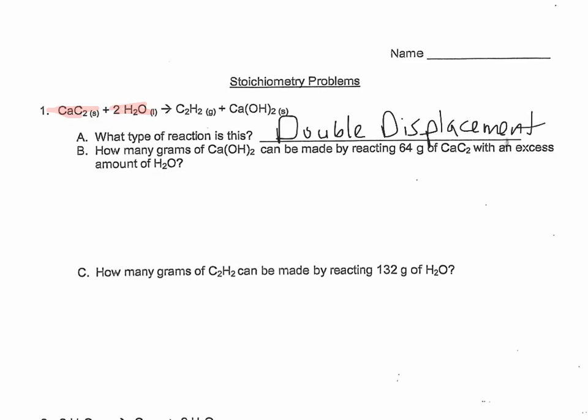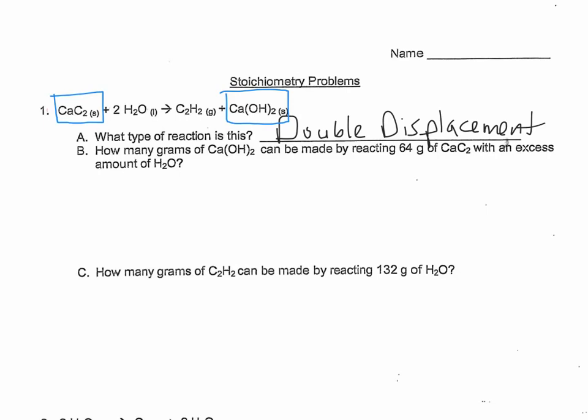And when we look at the 1B there, it says how many grams of CaOH, calcium hydroxide, and I'm just gonna put a box around that, and you should do that as well on your sheet, because that's what the problem's asking. We're trying to figure out this CaOH, and we want to know how many grams of that can be made if we react 64 grams of this CaC2.